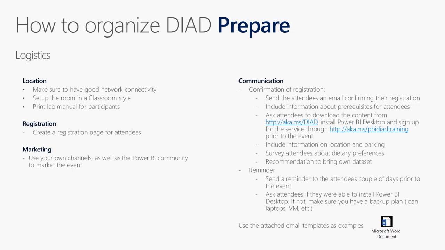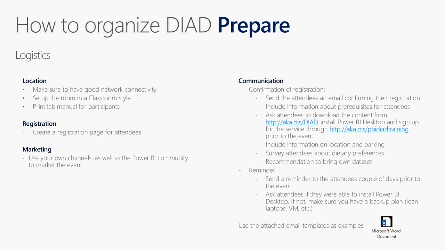So we recommend sending the attendees a confirmation of registration email. And in that confirmation email, you can include information about the prerequisites, which will include asking them to download the content from aka.ms/Diane, as well as installing Power BI Desktop.